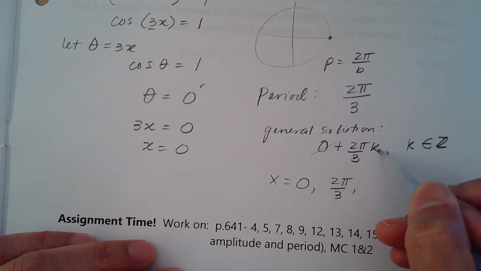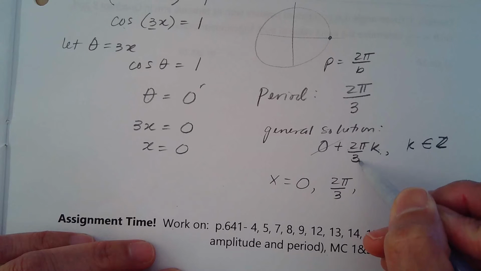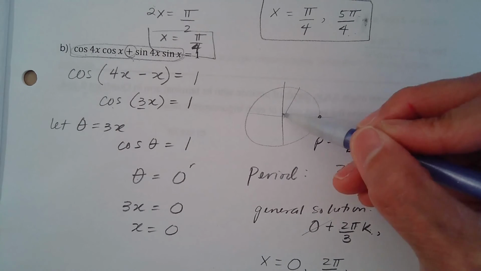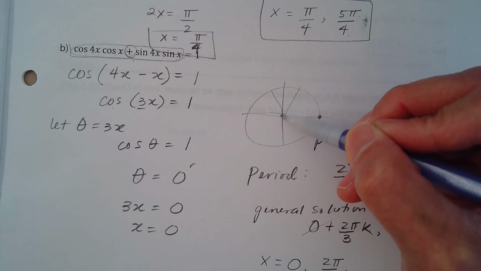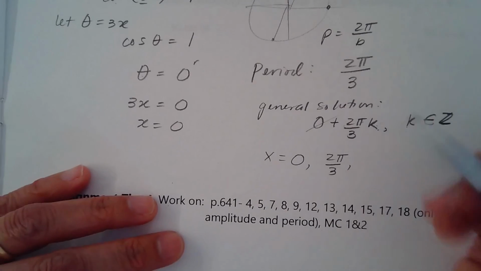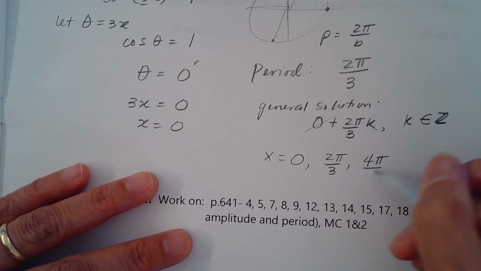Now, if k is 2, then we're going to get 4 pi over 3. This is 1/3, 2/3, 3/3, 4/3, 4 pi over 3, right? So 4 pi over 3, that's still there.